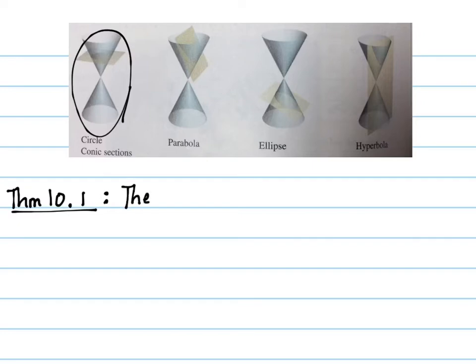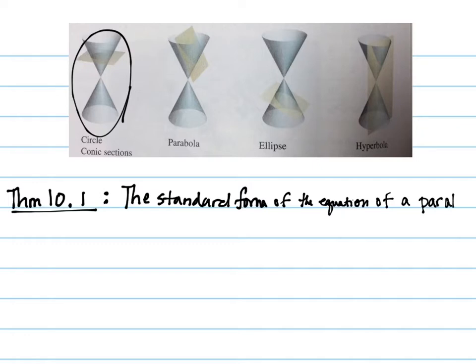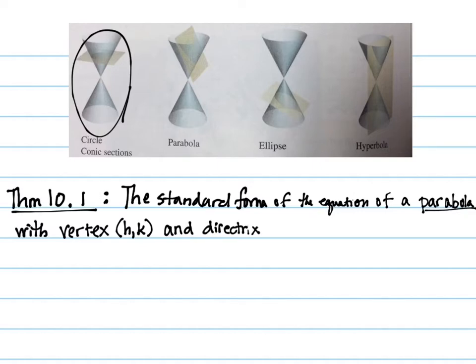All right, so Theorem 10.1 says the following. The standard form of the equation of a parabola with vertex (h, k) and directrix y = k - p. We'll talk about what that is in a minute.